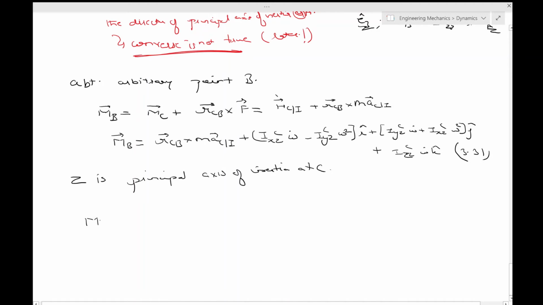In that case MB would be equal to I zz C omega dot plus RCP cross MACI. This is 3.32. All the xz and yz terms would be 0, and you would just be left with this term and this term.